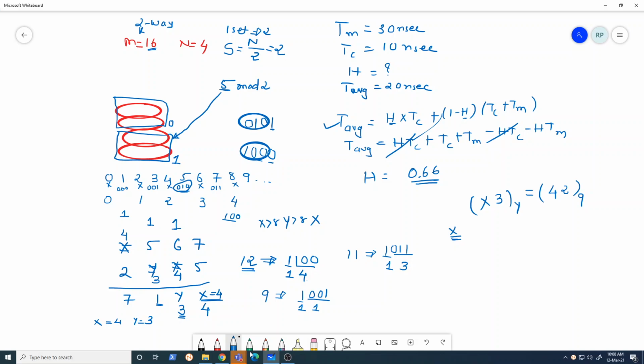Okay, let's do it. So these numbers are equal. This number is in base 9 and this number is in base y system, right?